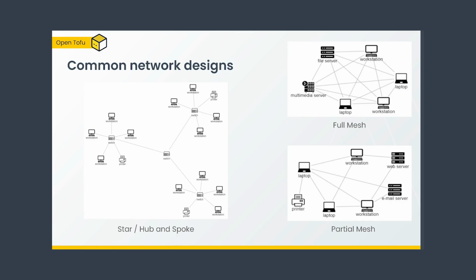Some very high level common network designs. You may have heard of the term hub and spoke network before. Essentially the star network is another way of saying the same thing, as I understand it, where you have a central switch and then multiple switches off of that.